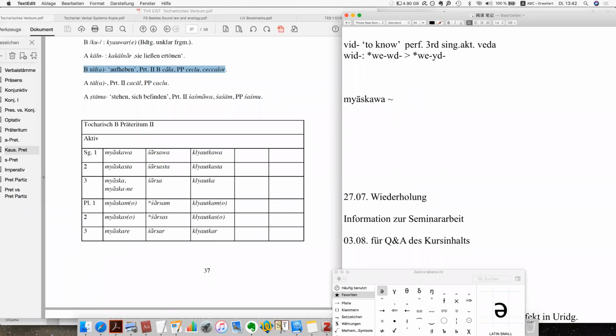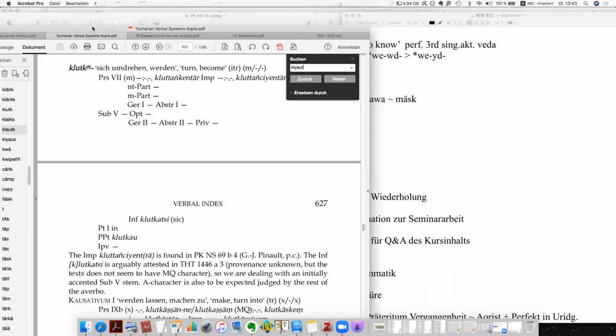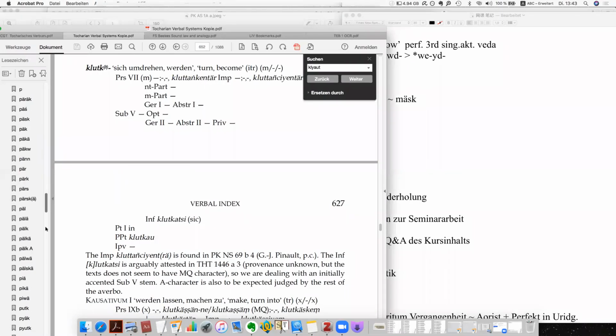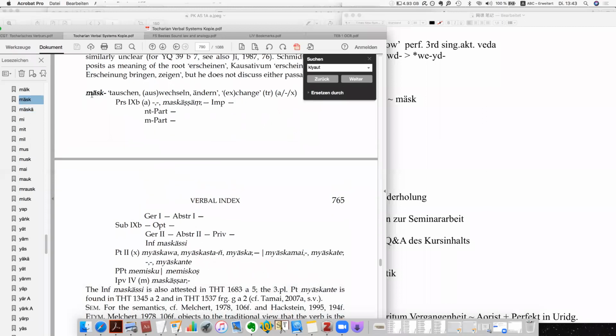So the original form is called musk, and you find it also in Millennium Martin's Tocharian verbal system. So this is a root, right? The root called musk, it's called exchange or change. And the preterite is called miaskawa, miaskasta, miaska, right?